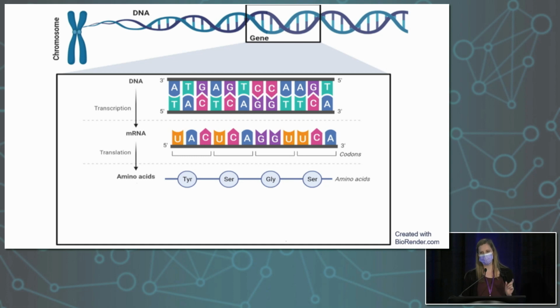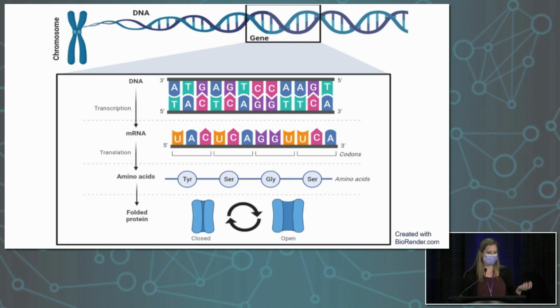So each of these correspond to 3 letters in the DNA and the mRNA. And then once all of these amino acids or building blocks are strung together, they create the fully folded protein. In this case for CACNA1A, it's a channel that allows calcium ions to come through. It can be open or closed. So it has a particular function once it's folded correctly.